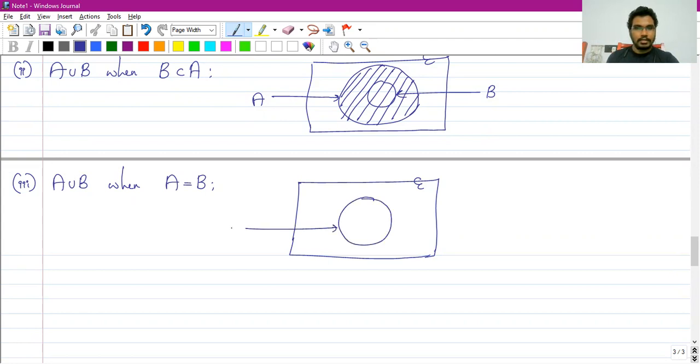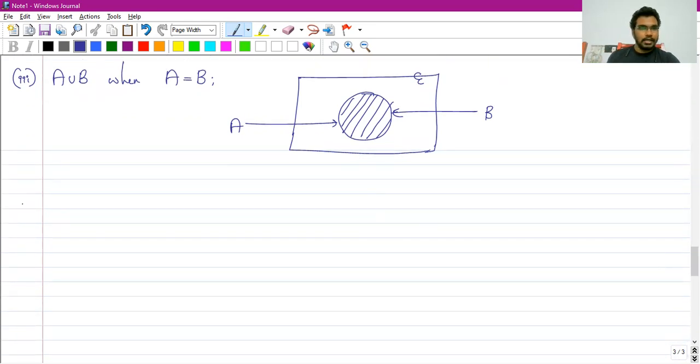This is set A, as well as we can name this set also as B, because A and B are equal sets. So A union B is all the elements in set A as well as B. If you shade this A, or if you shade this B, you can see all the elements of A and all the elements of B are shaded. So this is A union B.